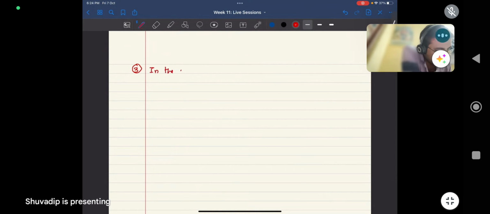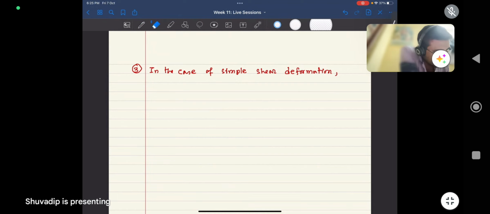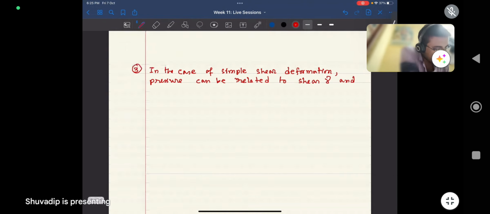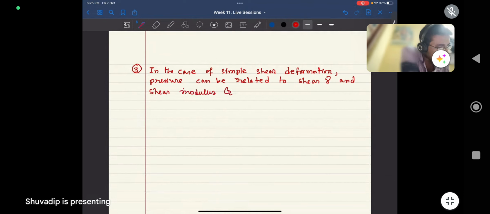In the case of simple shear deformation, pressure can be related to shear gamma and shear modulus G by which of these relations?